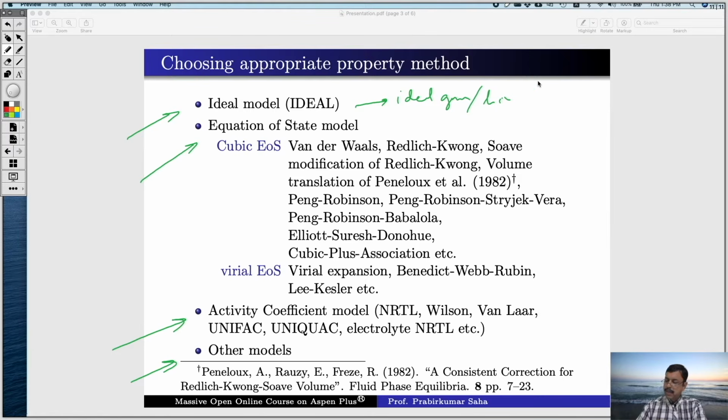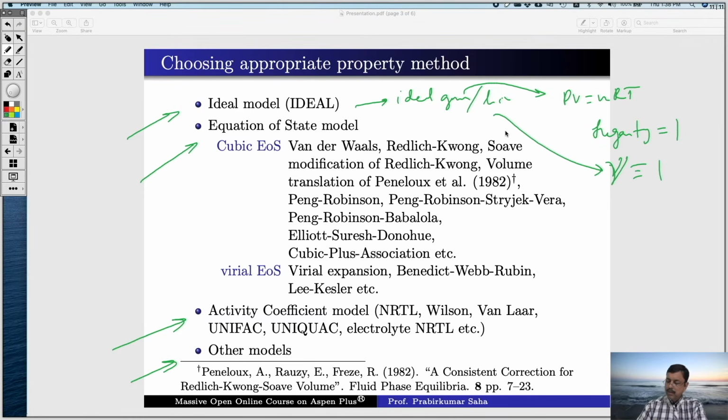As you might know, the ideal gas follows the ideal gas law, PV is equal to nRT, and here the fugacity coefficient is equal to 1, and an ideal liquid has the activity coefficient 1.